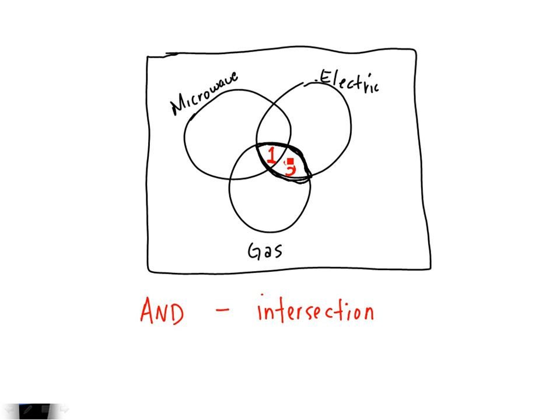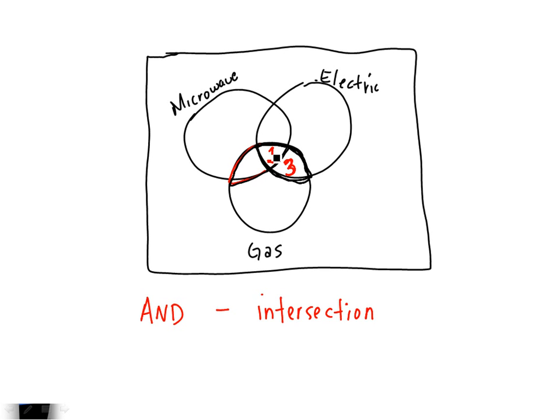The next thing says 17 use microwave ovens and gas ranges. So the intersection of microwave and gas is this region here. 17.